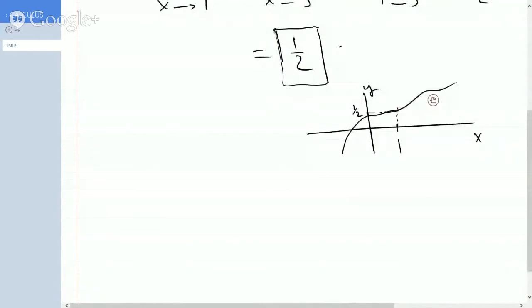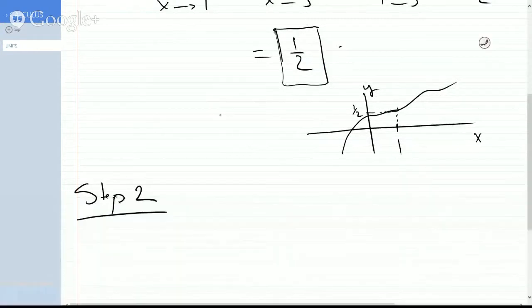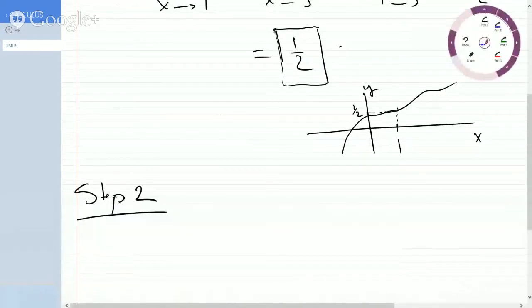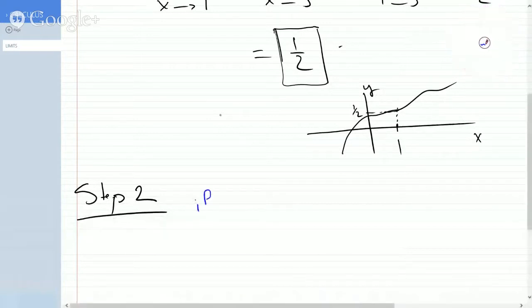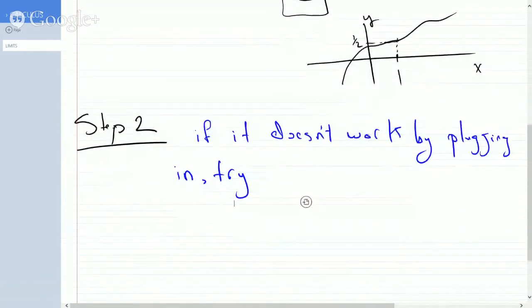Okay, now, step 2. If it doesn't work by plugging in, try to simplify.